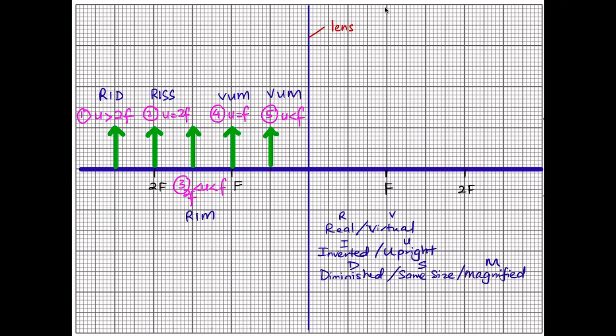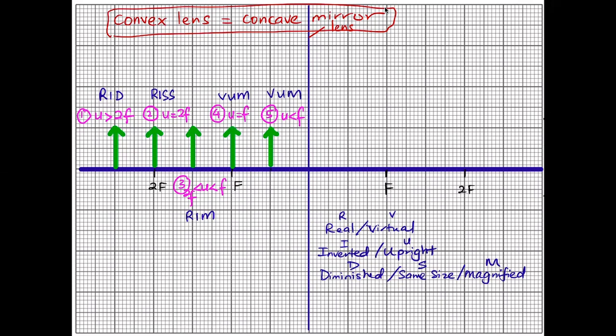The concave mirror characteristic is actually the same as the convex lens. So you can say that the characteristics of the convex lens are the same as the concave mirror, provided that you first draw the position of the object like what I have shown you here, according to the numbers.